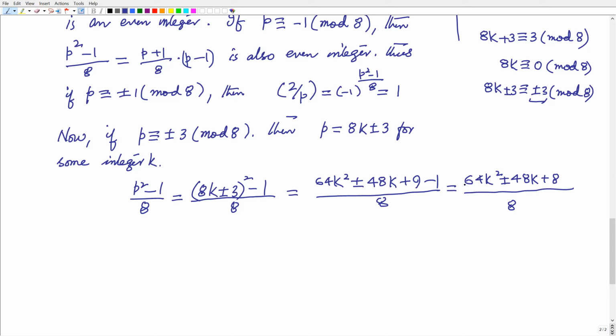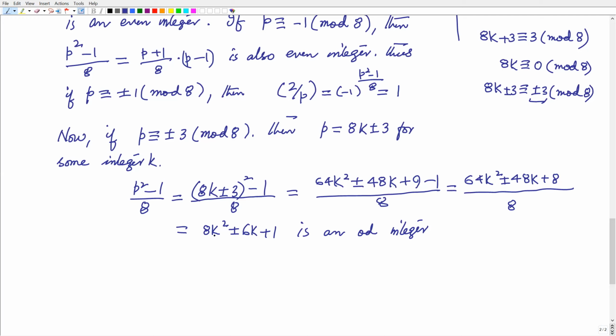Now we take 8 as common, since every term is divisible by 8, then we will have 8k square plus minus 6k plus 1. Okay, and it is clear that this is an odd integer, because for any integer k, 6 times k is even.